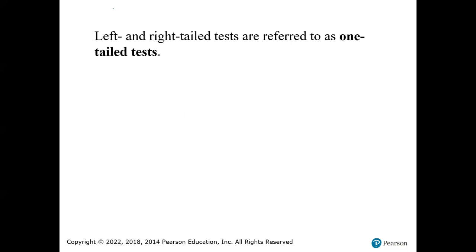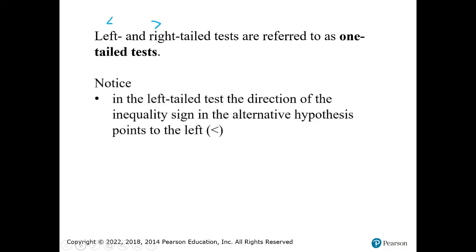Anytime you do a less than or a greater than test, they are considered one-tailed tests because I'm only checking one way. I'm checking smaller or I'm checking bigger. Versus a not equal to is testing both sides, greater or smaller. Notice in the left-tailed test, the direction of the sign goes to the left. Left, less than, or left arrow, left, less.